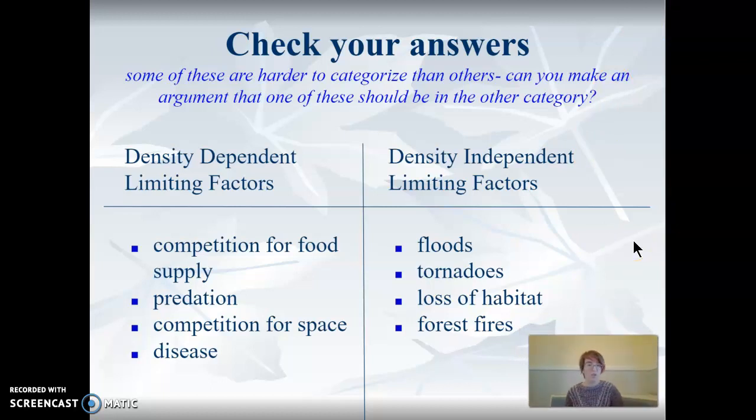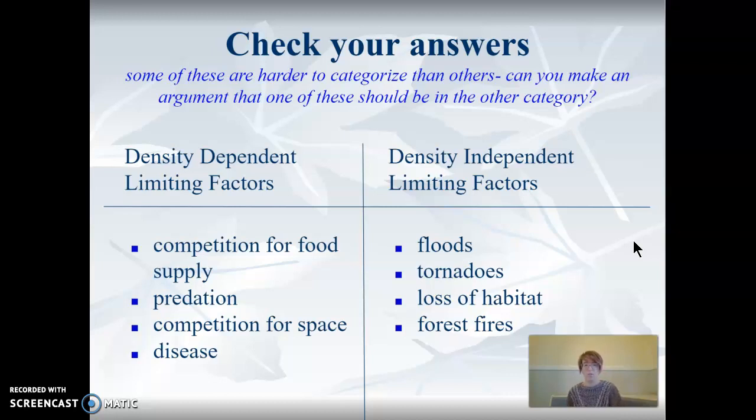Now, there are a few of these that you could make an argument might belong in a different category in some circumstances. So as long as you can explain your reasoning, that's the most important thing. For example, forest fires, if we're talking about the population of trees, becomes a density dependent limiting factor, because the closer together the trees are, the more likely forest fires may be.